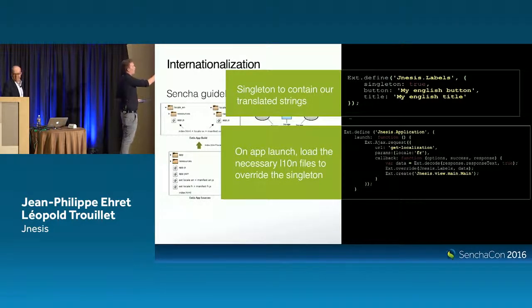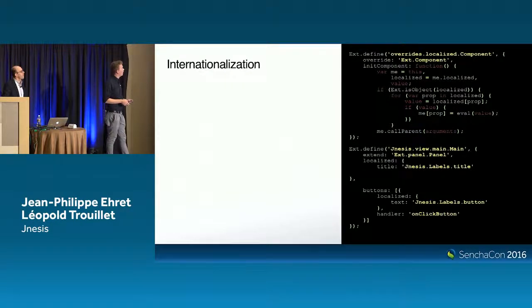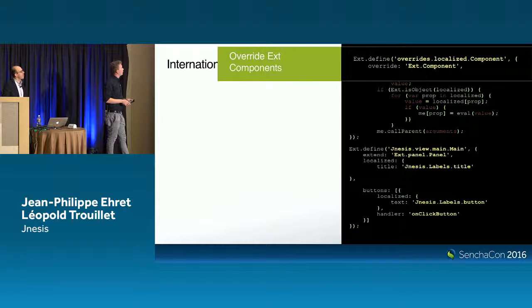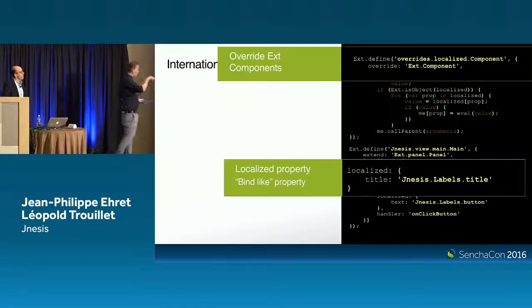And then after you've loaded the data and the translations, you will be able to create your first view. But that's not all. You will also have to override Ext component. It's really simple. You override Ext component, and you add a localized property.